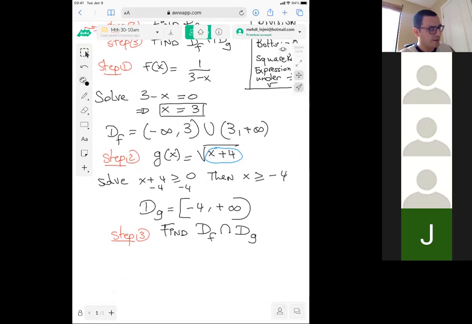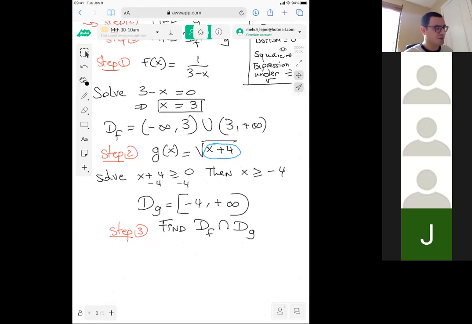My advice, guys, is that the best thing to do is to draw a number line. So let me draw a number line. First, let me remind you: we said the domain of f is negative infinity to positive 3, union with positive 3 to positive infinity, right? And the domain of g, we said, is negative 4 to positive infinity, right?